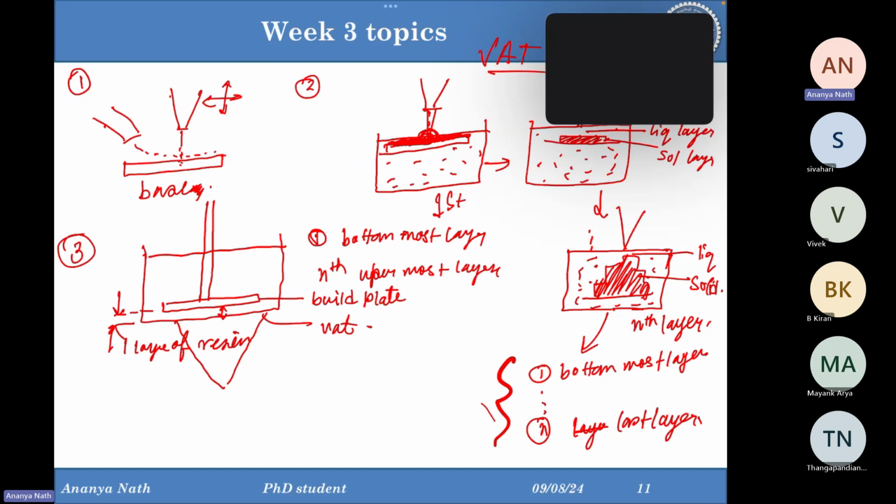There can be a top down approach, there can be a bottom up approach. In every approach, the material will get deposited from the bottommost layer to the topmost layer. Only the thing is, in bottom up, the part will be printed in an upside down manner.